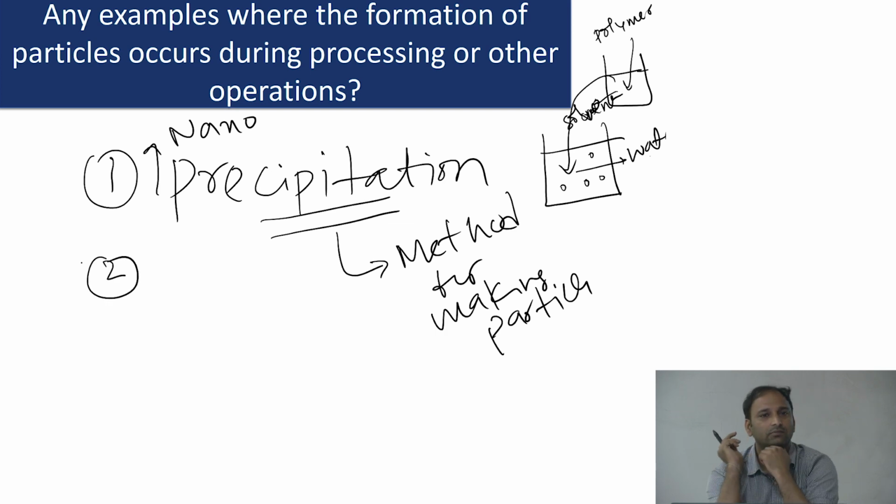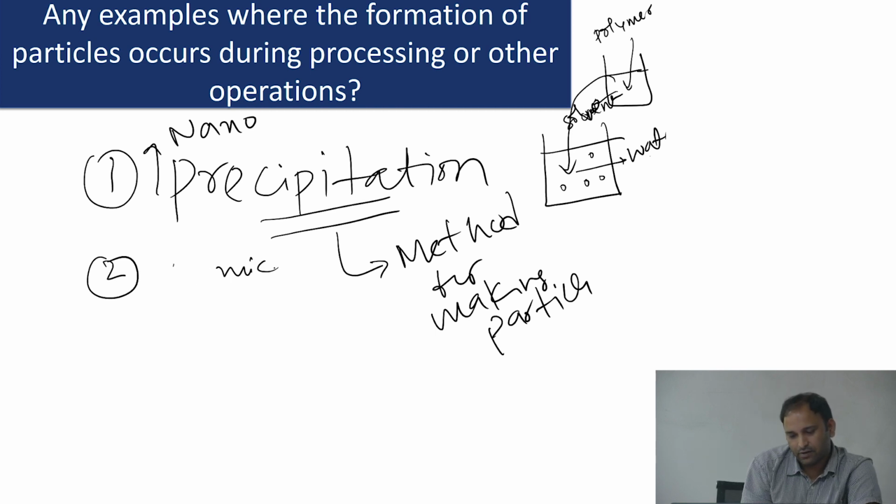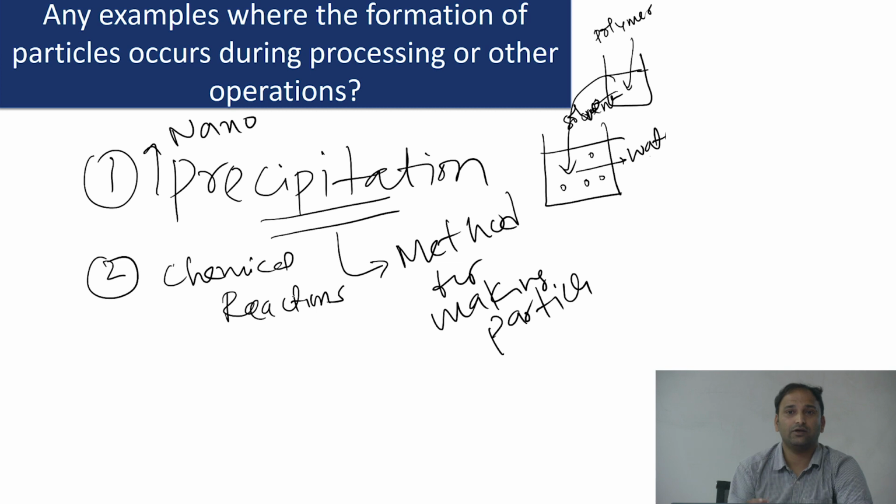Any other example? Chemical reactions as well, right? You can have a reactant A plus B giving rise to some product, and the formation of the product could happen during the reactions.